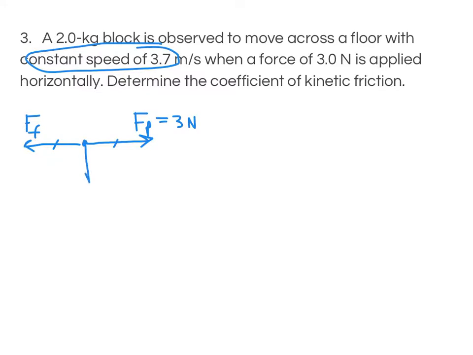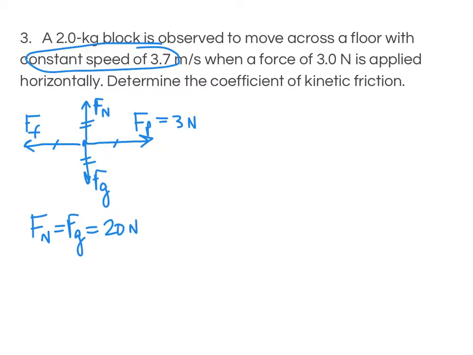I would also know that the gravitational force down equals the normal force up. So the normal force is the same as the gravitational force, which would be 2 kilograms times 10 newtons per kilogram, or 20 newtons.